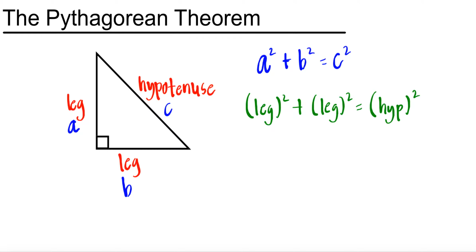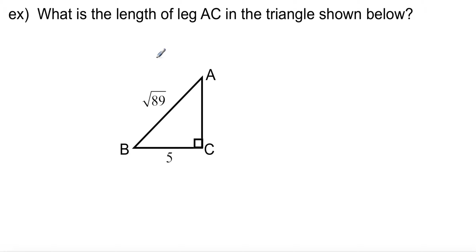Let's take a look at an example. So here's our right triangle ABC, and we want to know what is the length of leg AC in the triangle shown below. So we didn't put a variable here on this leg. You could put anything you wanted. We'll just put an x because it's pretty common for your unknowns. You could make it a or b, but it would be lowercase.